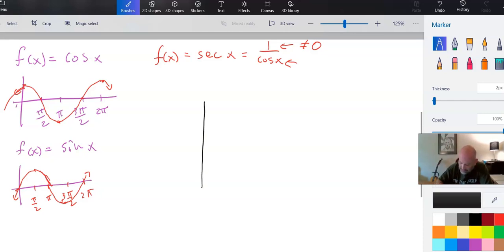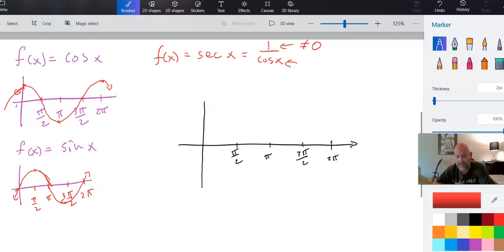Let's start with a graph of cosine, and we'll see how nice this is. So let's see here. We got 2 pi over 2, and 3 pi over 2. Now let's see if I can pull off graphing the cosine instead of graphing sine. So it goes from 1 to negative 1.